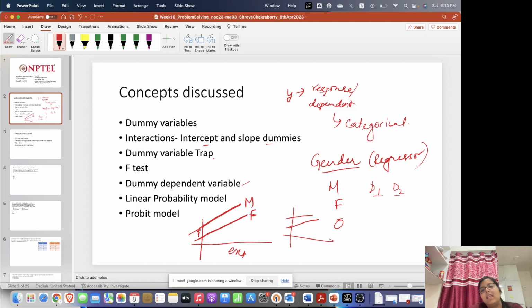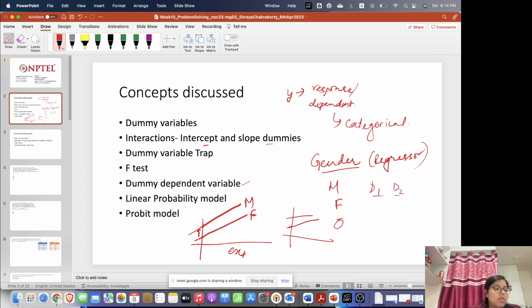In the presence of multicollinearity there are certain problems, like the standard errors would be larger, the estimation will not be accurate, and we would falsely reject hypotheses. Those situations can arise due to the dummy variable trap.